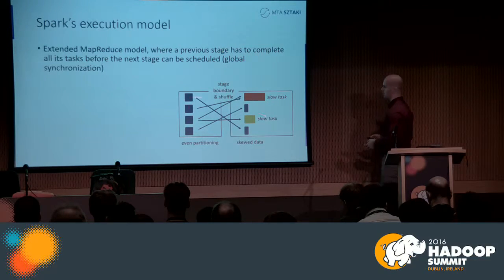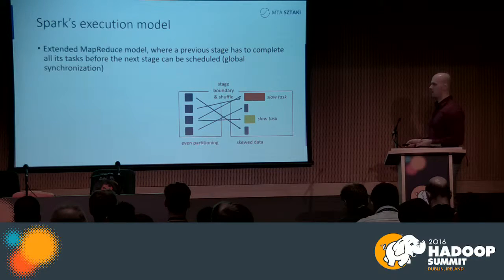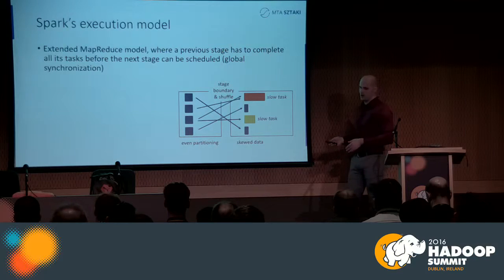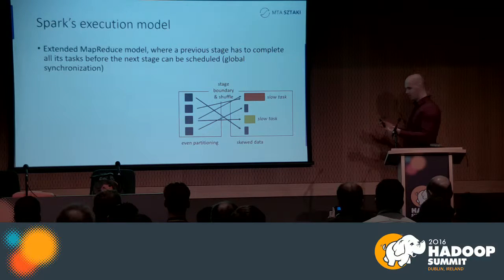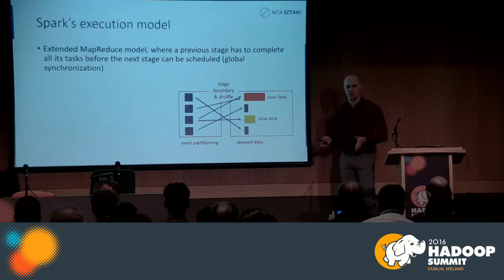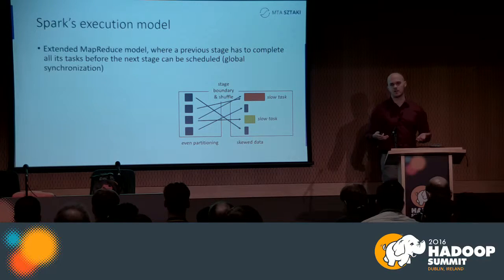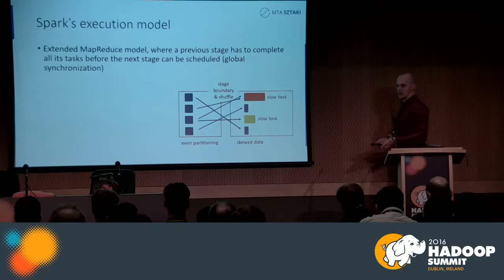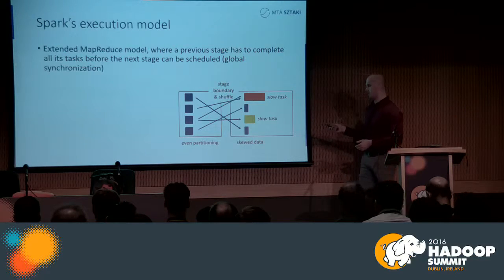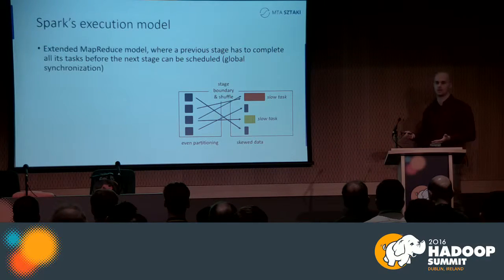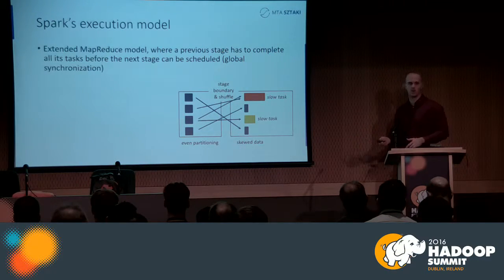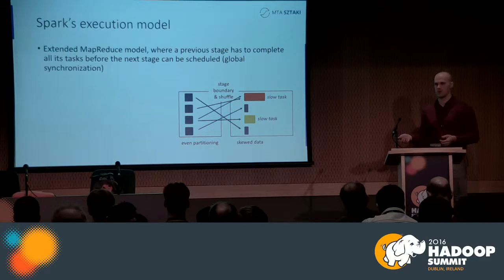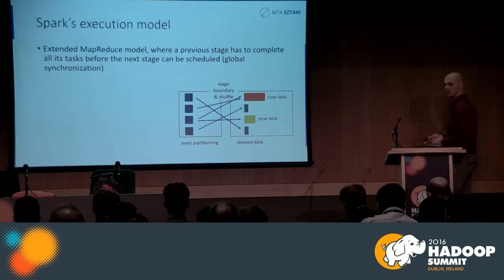As you see on the right-hand picture, even when we usually have an even partitioning in some stage, what can happen is that when you have some group by that Martin has mentioned, or some other operation like join, in which you would not like to, or you are not able to do a map-side combine, then after the shuffle phase, based on your operation and based on your data distribution, you are going to have slow tasks, because most of the Biebers or Madonnas or whatnot are going to go to the same task, right?